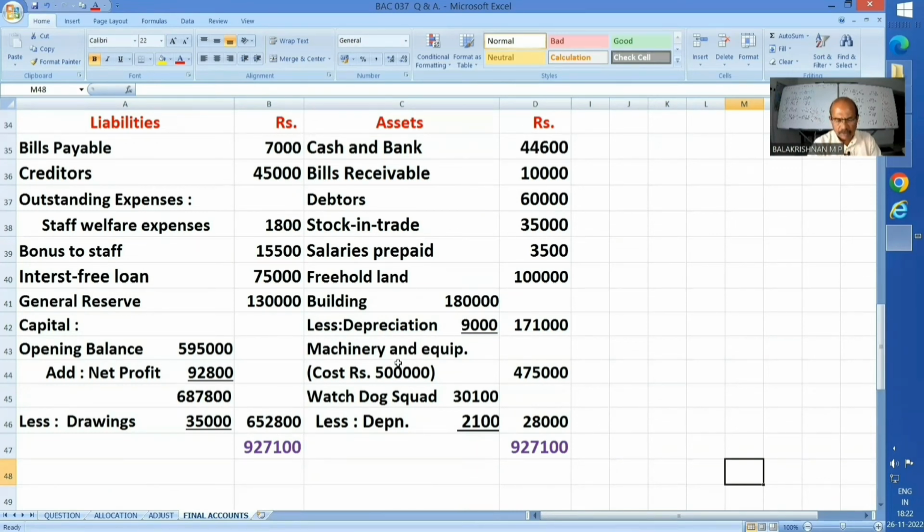Machinery: see, the original cost is rupees 5 lakh, but we have been given 4,75,000 as the value. Now, kindly do not take 5 lakhs minus 4,75,000, that is 25,000, as depreciation. This has been given just as information. They have not categorically told us this is the amount of depreciation on machinery and equipment.